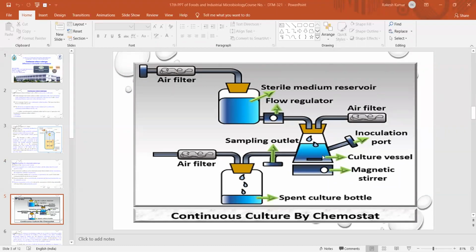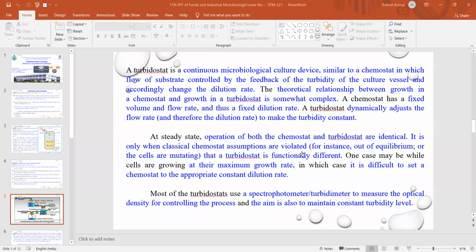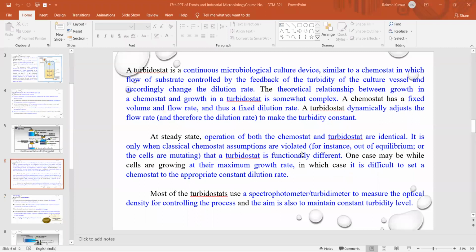Thereafter, a continuous flow you have to maintain in this chamber. Whatever amount of final product you take out from the culture vessel, the same amount you have to add to this system. So by maintaining this, you can continuously get the final product, and thereafter you have to go for the further purification process to get your final product.